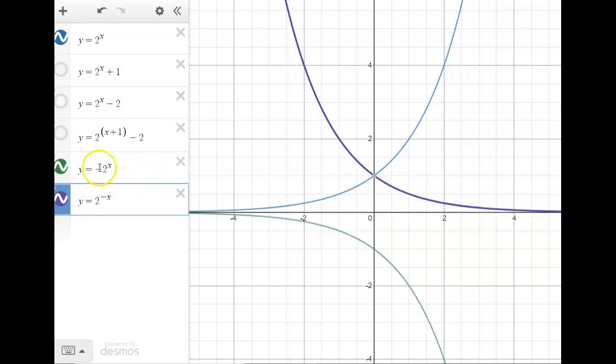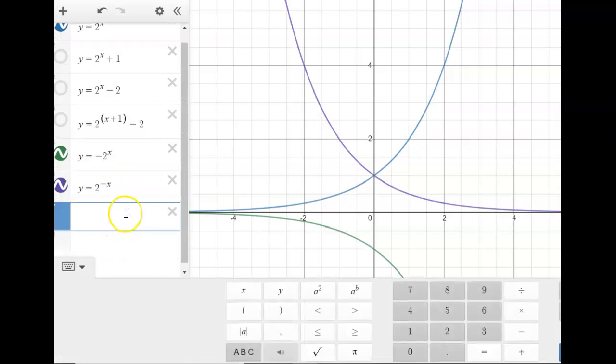The one in green is the reflection across the x-axis. And of course, keep in mind that you can have reflections combined with, how should we call this, shiftings, vertical and horizontal shiftings. Okay, so that's enough for graphs.